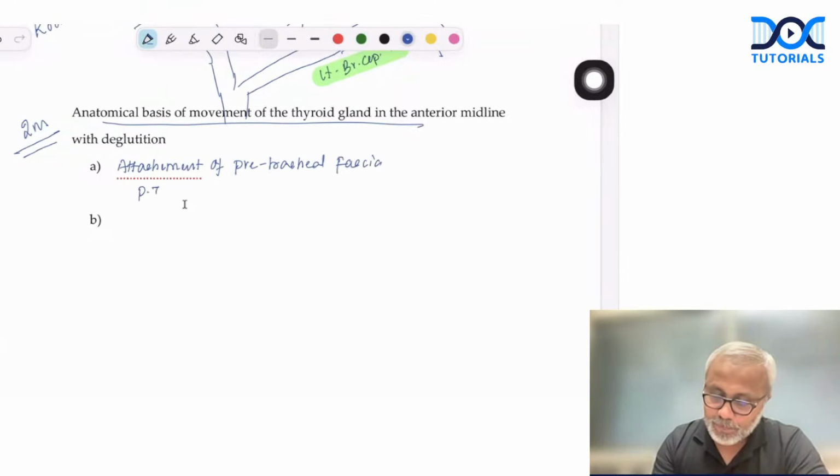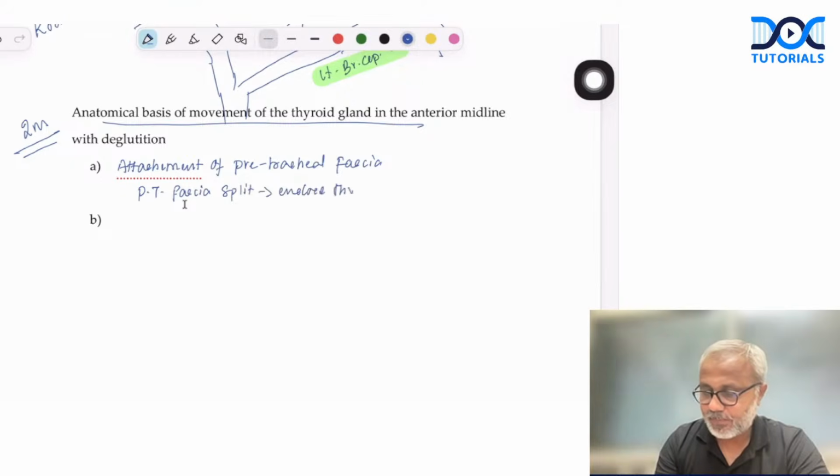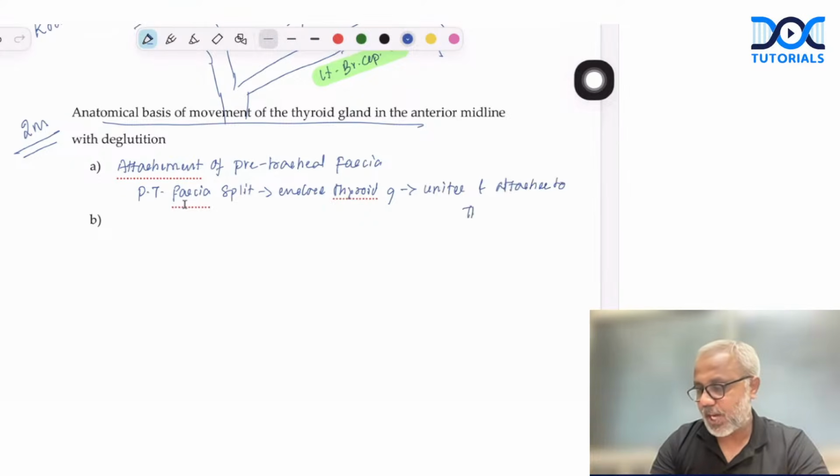Remember, the pretracheal fascia will split, enclose the thyroid gland, then unite and attach to the thyroid cartilage and the hyoid bone, right?